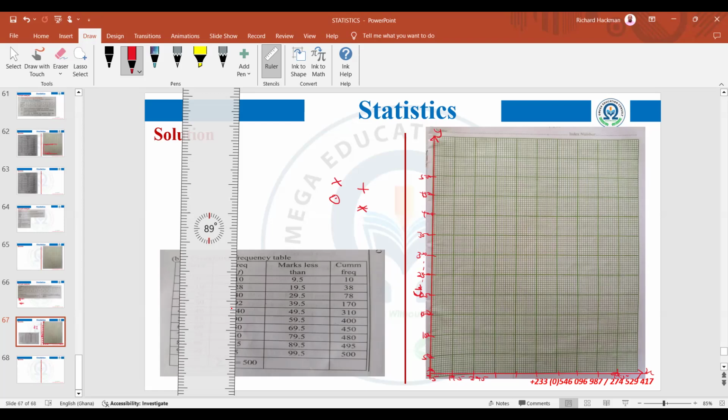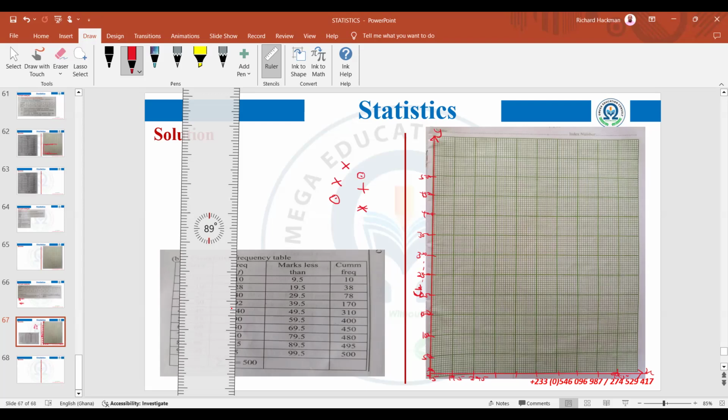So the human error will be huge, and therefore you go outside the allowed margin of error. So always use this. You can easily get the point of intersection with a dot, but don't end there. Use a circle dot. Circle the dots.